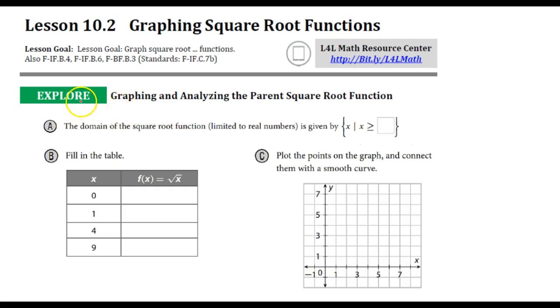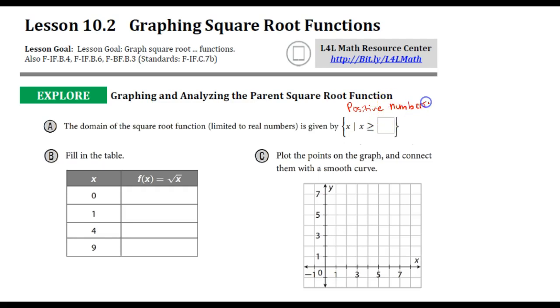So the first thing we see is it says Explore graphing and analyzing the parent square root function. Here it says the domain of square root functions is limited to real numbers. We talked about that; only non-negative numbers will be accepted in this case.